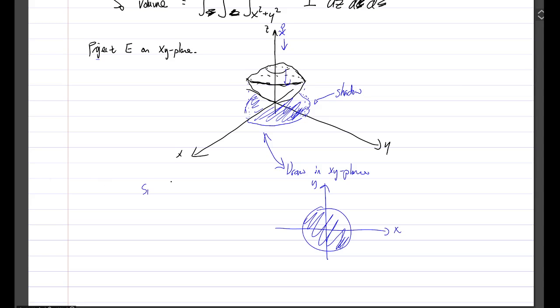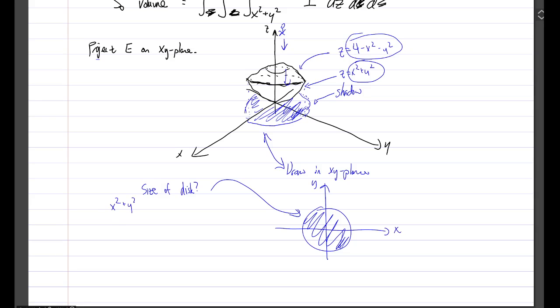Now, what is the size of this disk? Remember that we had here z equals x squared plus y squared, and then this upper one was z is equal to 4 minus x squared minus y squared. So we're looking for all of the points which satisfy that this z value is smaller than that z value. So we needed x squared plus y squared to be less than or equal to 4 minus x squared minus y squared.